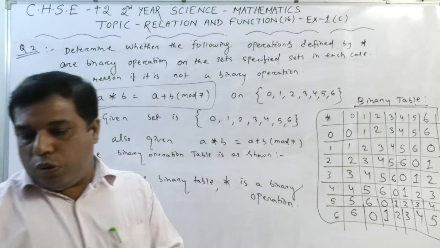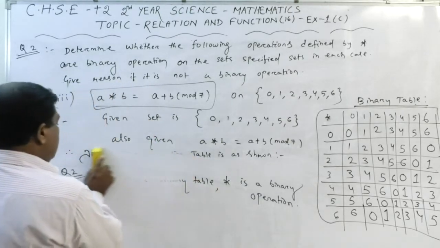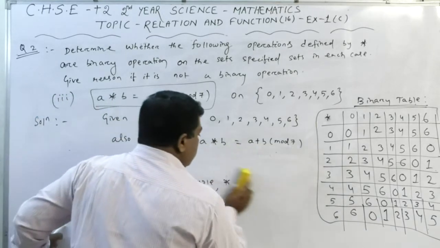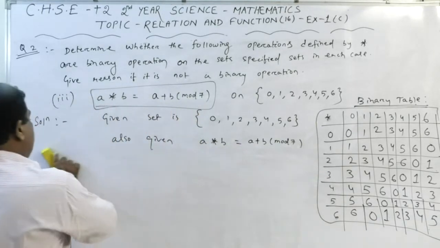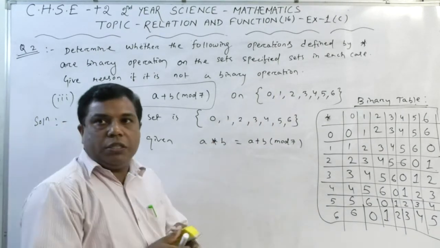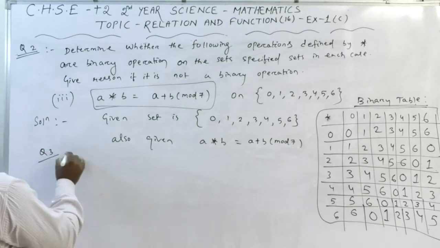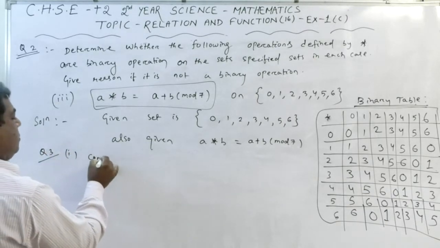I am going to show it one by one. Okay, so I am cleaning now. So now question number 3 starts and we have to check all the properties. As per question number 3, first we have to check whether it is commutative.